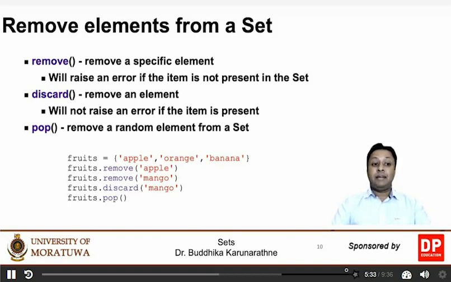Comparatively, the discard method does not complain even if the given element is not present in the set. Notice the difference. On the other hand, the pop method removes a random element from the set. I strongly recommend you to play with these examples in the Trinket playground provided in the lecture note. That is how you will learn these concepts much better.